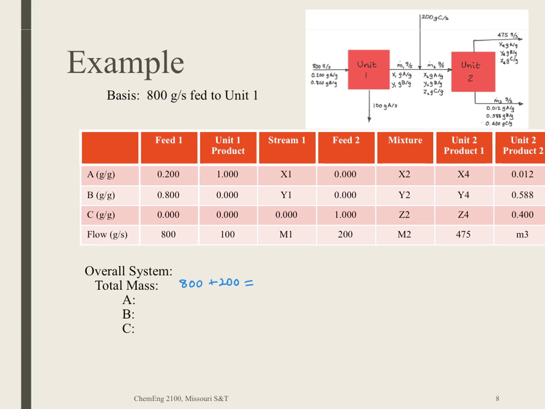And coming out, I have 100 from Unit 1. I have 475 from the product of Unit 2. And then I have m dot 3. Now this one I can very directly solve for, and m dot 3 therefore is 425 kilograms.